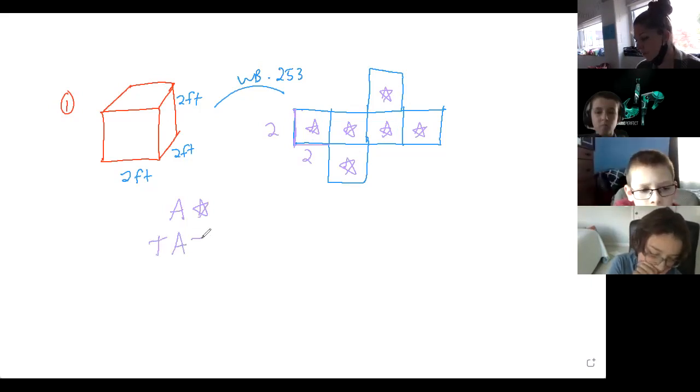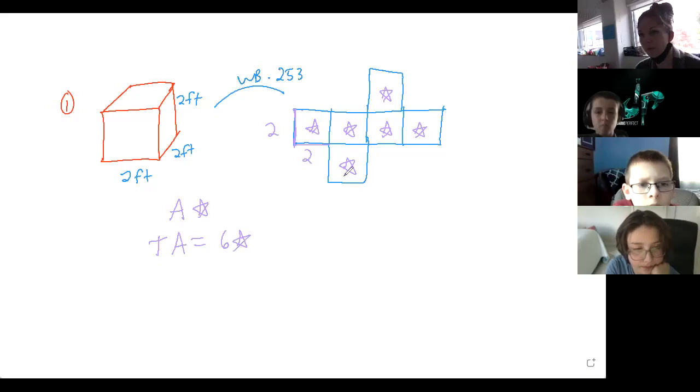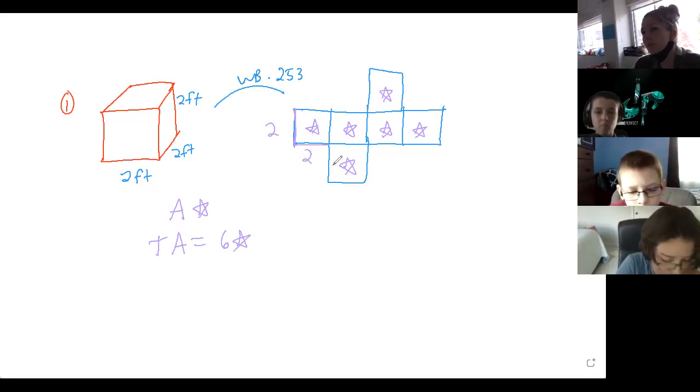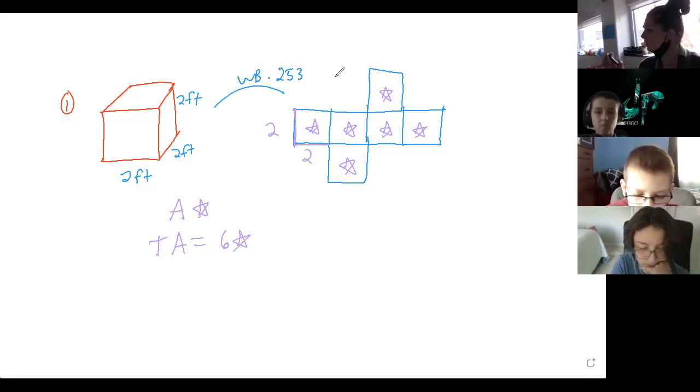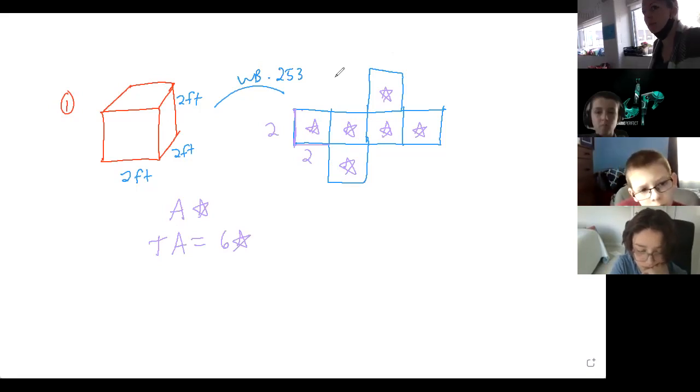How many squares would that be? 6 of them. So you can label them with symbols, you can label them with letters, you can label them any way that you need to. Some people like to color them all the same shade to indicate congruency. What's congruency mean? Equivalent, equal, same size, same shape.